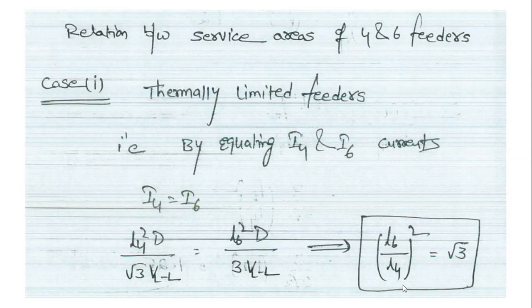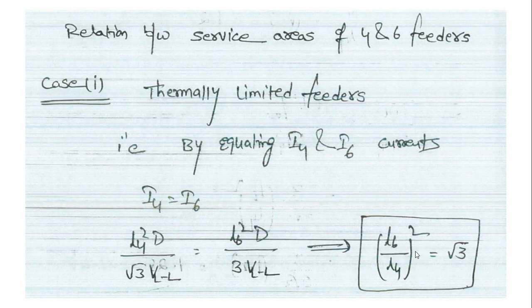Therefore, I6 by I4 whole square equal to root 3. D gets cancelled, VL gets cancelled, then root 3 by 3 cancels and we obtain root 3. Therefore, by equating both the currents, L6 by L4 whole square equal to root 3.